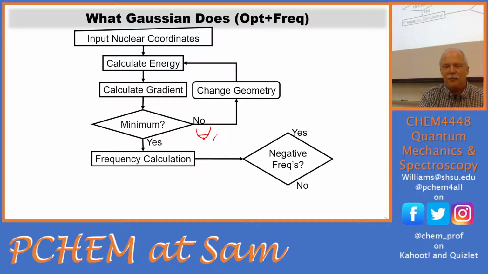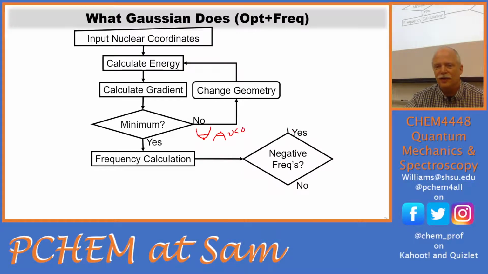But if you're at the top of a hill, let's say you're at a transition state and you didn't know it because you've got a methyl group or something that can rotate, then that vibrational frequency is below the critical point, and it shows up as a negative frequency, less than 0. Those negative frequencies are like the square root of a negative x squared, an imaginary number, and that's why they're called imaginary frequencies, also negative frequencies.